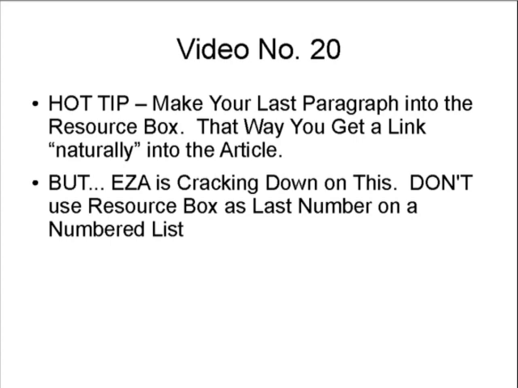But Ezine Articles is actually cracking down on this, and you have to be more clever to get it through. Don't use the resource box as the last number on a numbered list. So if your article is on the top 5 ways to train your puppy dog, number 5 should not be your resource box. That's where they're really cracking down. So you still have to give 5 ways and then use your resource box as kind of the conclusion to the article.